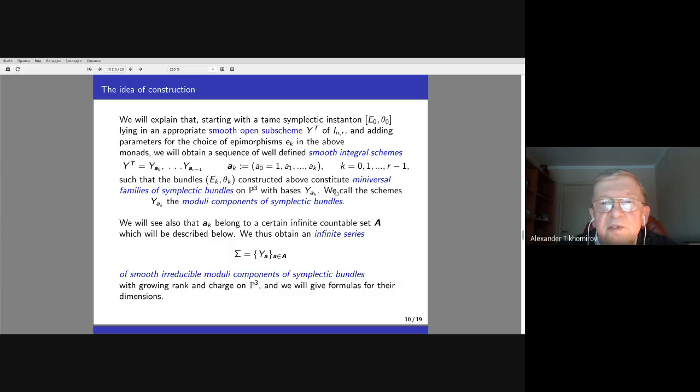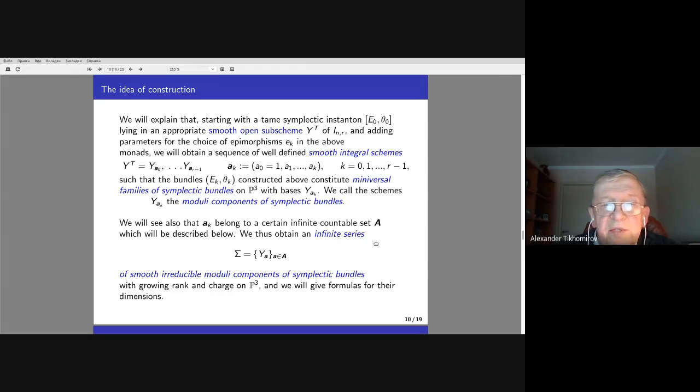So we call these schemes Y_{A_k} the moduli components of symplectic bundles. Our definition of moduli components is quite naive. It is just mini-versal families. We will see also that these sequences bold A_k belong to a certain infinite countable set, bold A, which will be described below.